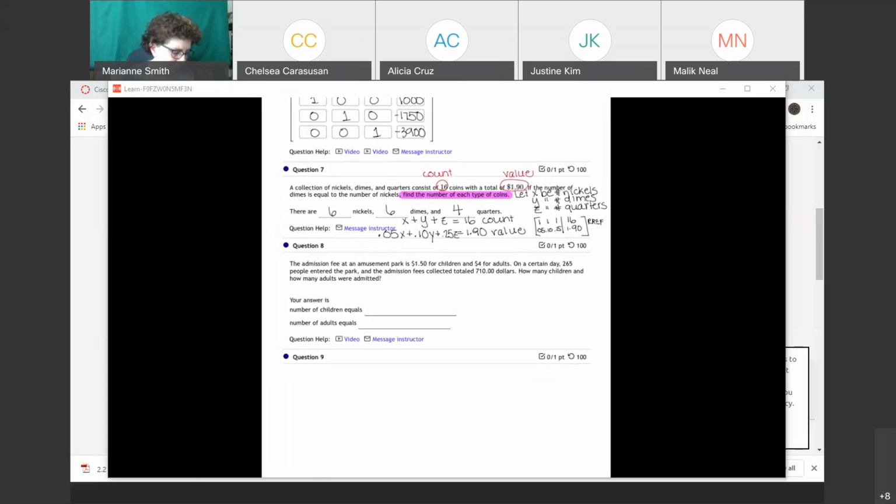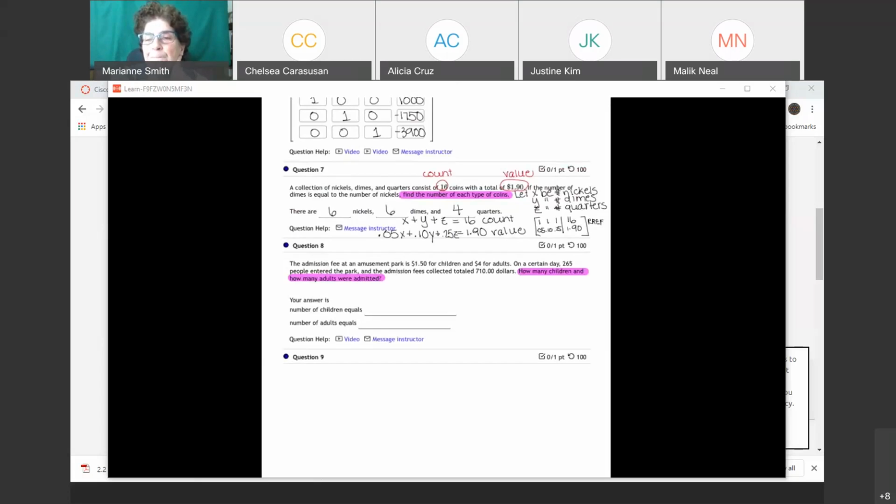All right. Again, this is a problem that, take a look. They're telling me admission fees for children and adults, and how many people entered a park, and what the gate was. In other words, how much did I take in? And they're asking how many children and how many adults were admitted. So what do you think? Is it optimization or system of equations?